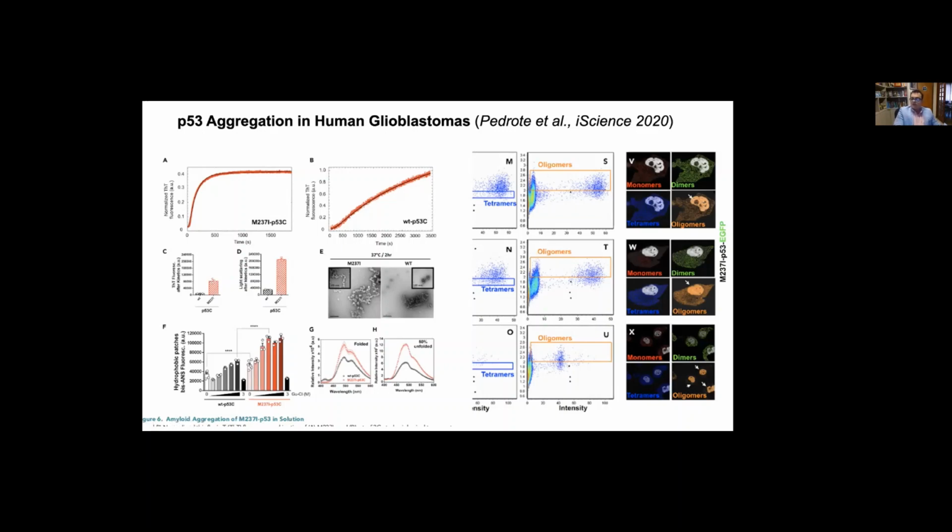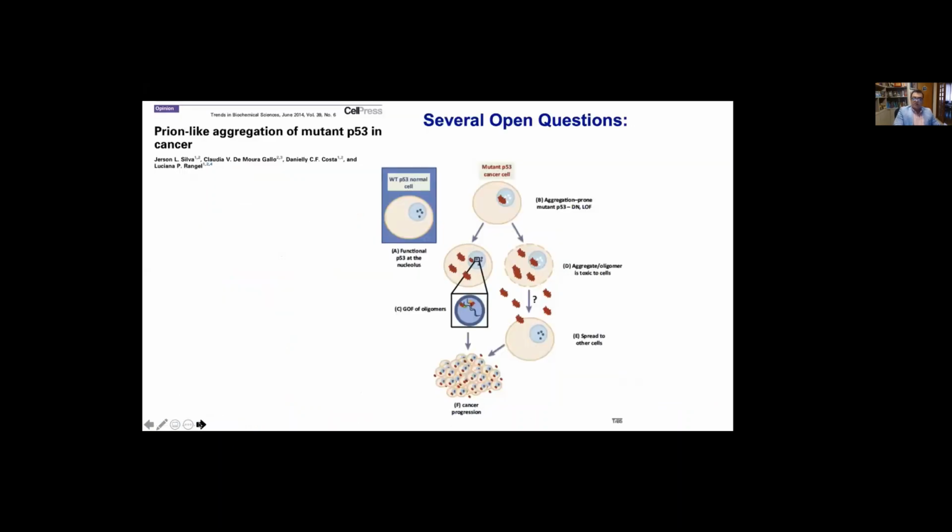That's also a collaboration with Enrico Gratton, whom I spoke of yesterday. We showed that, compared with the wild type, we had the presence of oligomers in the nucleus of the cells.